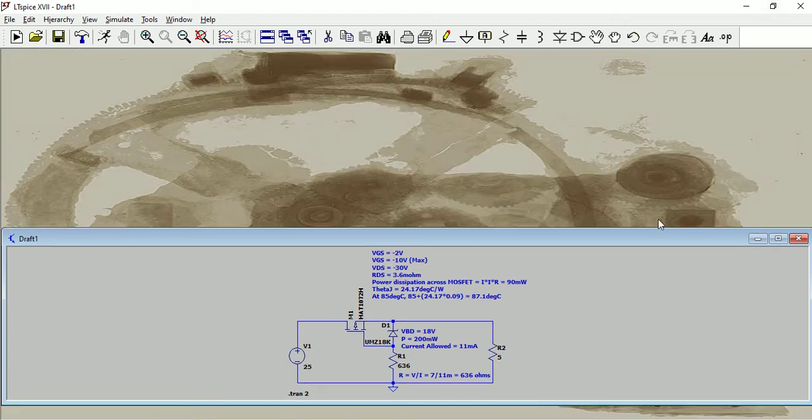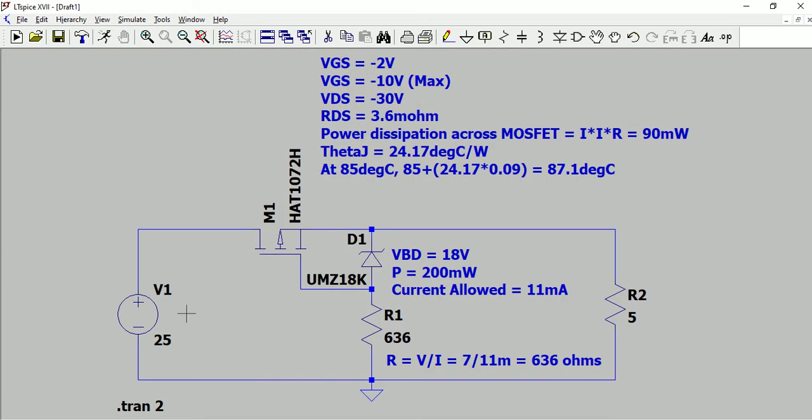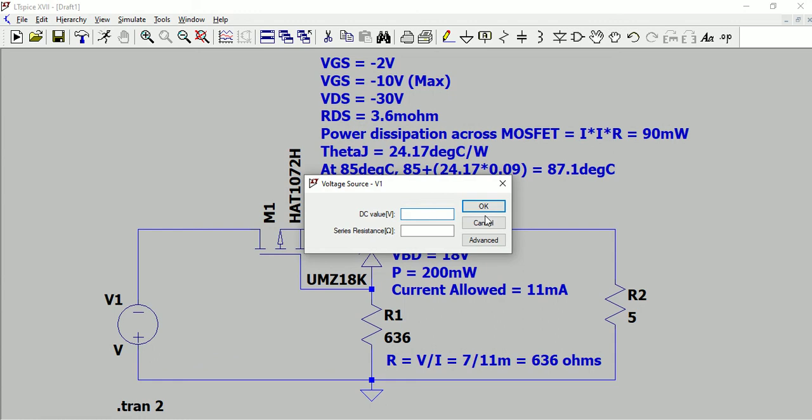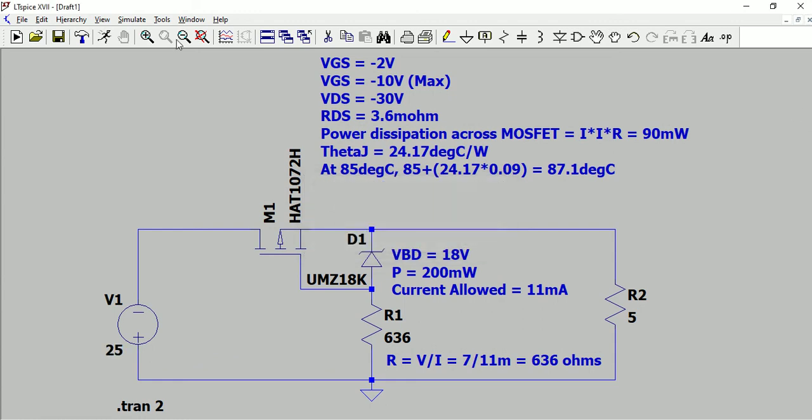Now let us do a simple scenario. We are going to delete this and have another voltage source which is connected in reverse. Okay, 25 volt.